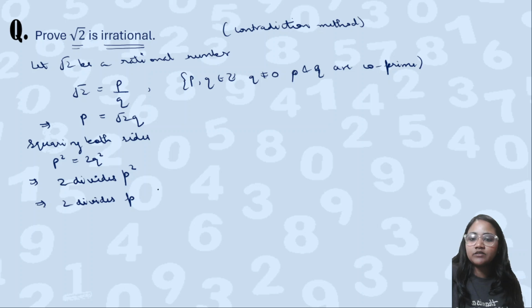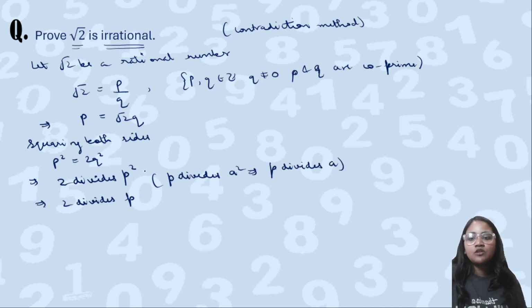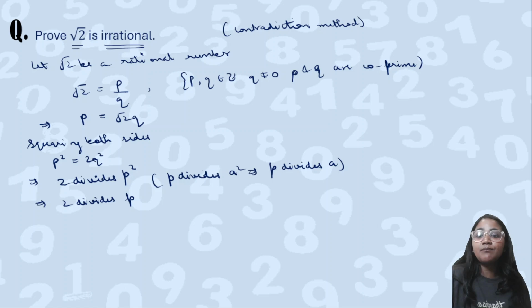Here we did a result that if a prime divides a square, it implies that the prime divides a, right? So we can say that if 2 is dividing p square, because p square is written as some multiple of 2, then of course 2 divides p square, and we can write 2 divides p.